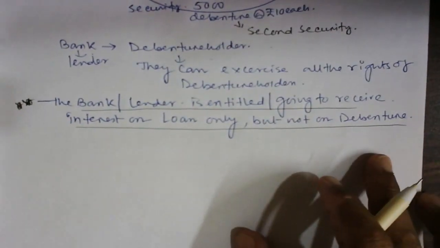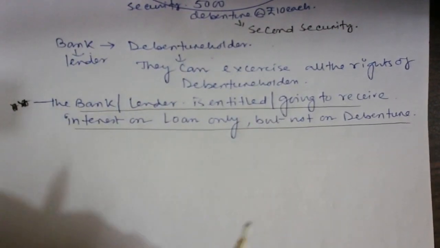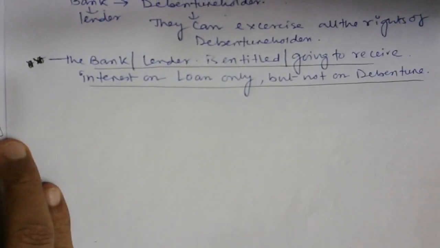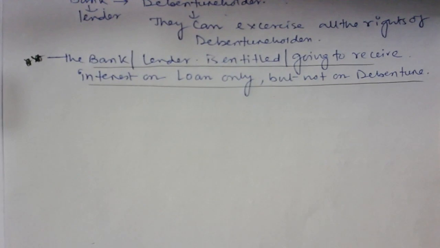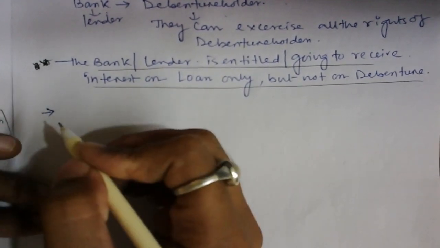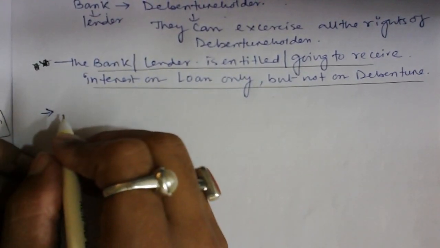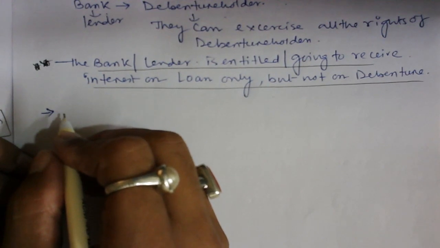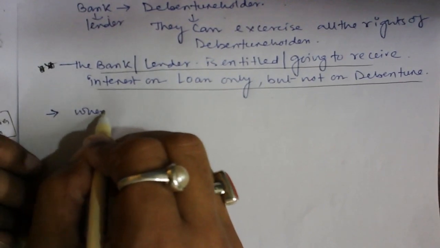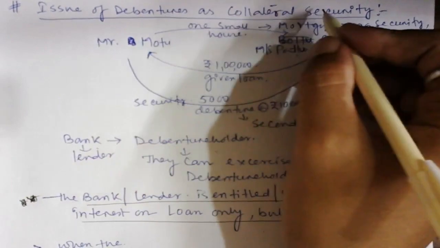Now, the important point we have discussed here is clear. Now, let's take 2-3 notes so that it will be very easy for us. Make a note regarding collateral security. Collateral security here is a secondary security.